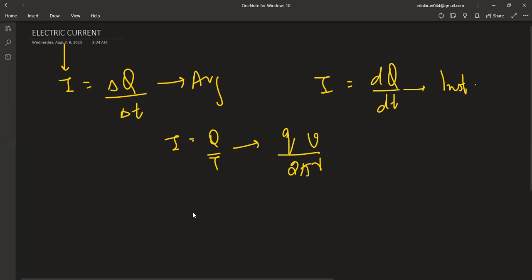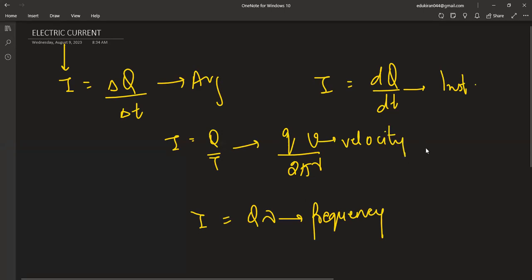Also, current is written as charge multiplied by frequency. Here this is frequency. If ever needed, use these formulas. This is velocity. But this is valid only in a circle.